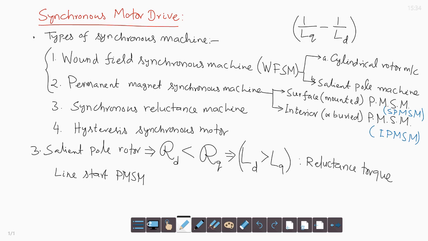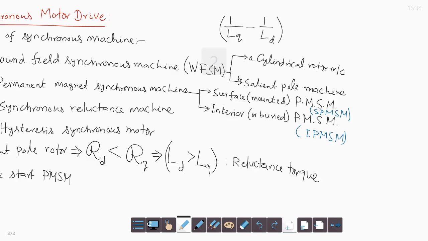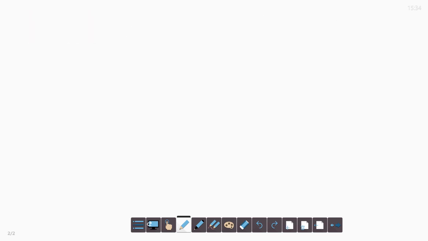So these are some basic constructional features and some comparison about different types of synchronous machine. Then we will go to more detailed discussion about the cylindrical rotor wound field motor.